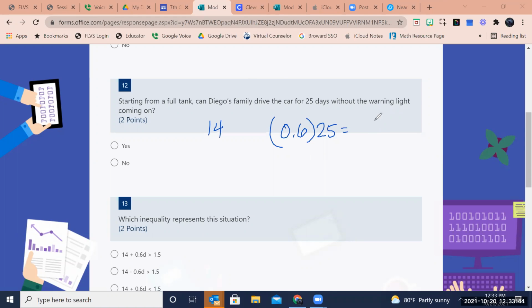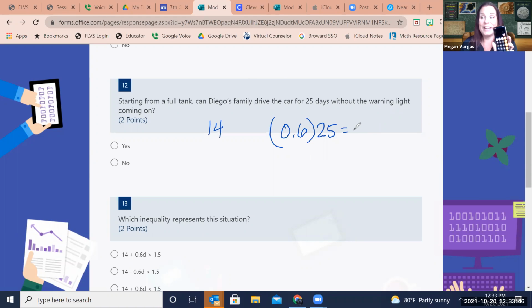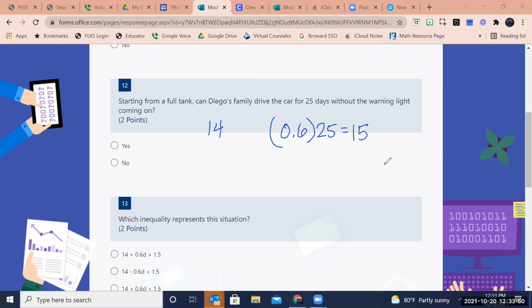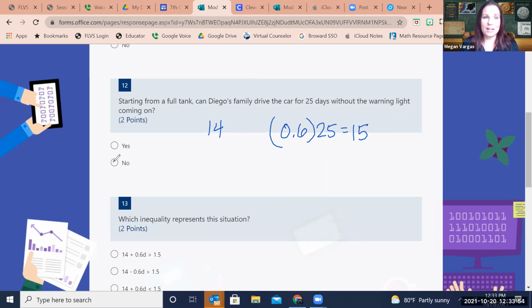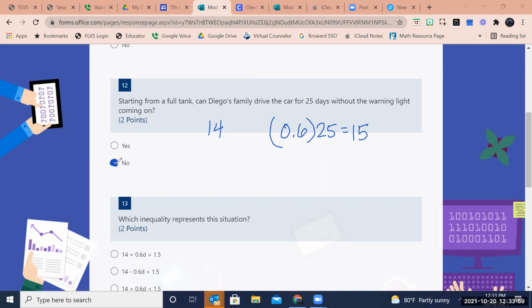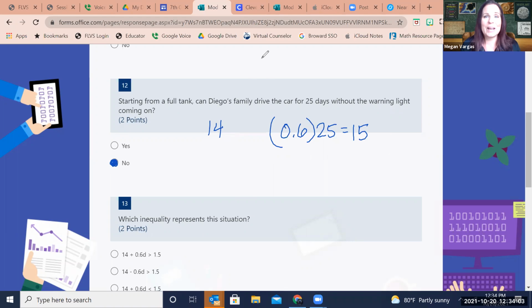I see you're looking at the calculator. Is 15, right? So they are going to run out. So no, they cannot drive for that long. Forget the warning light. They're going to be stuck on the side of the road because that's like negative gallons. They're going to be out of gas.